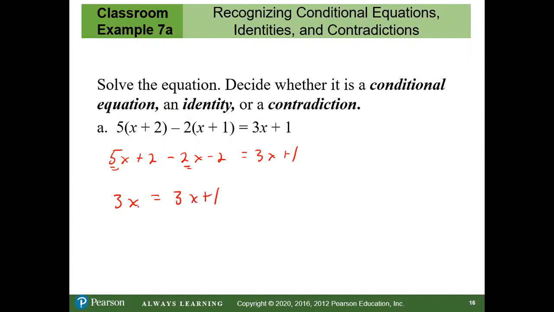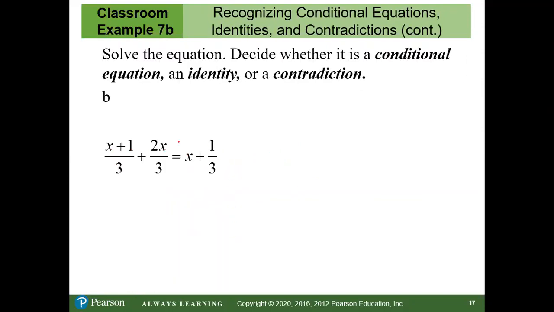So this is pretty much exactly the same scenario that we just saw in that mini example that I gave you. This is a contradiction right there. You should be able to spell it because you're looking at it. This is a contradiction because 3x is never going to be equal to 3x plus an additional 1. All right, so this is your contradiction situation.